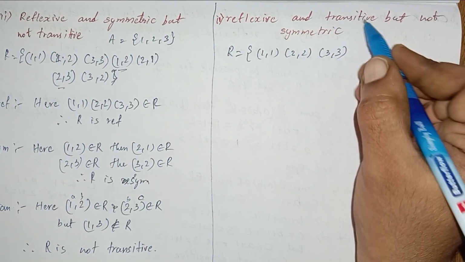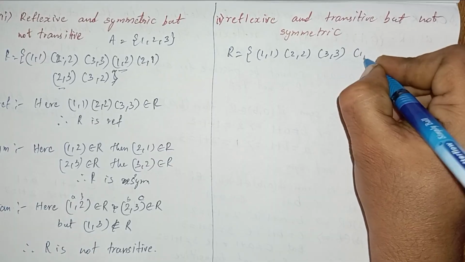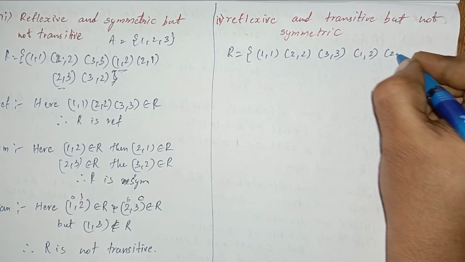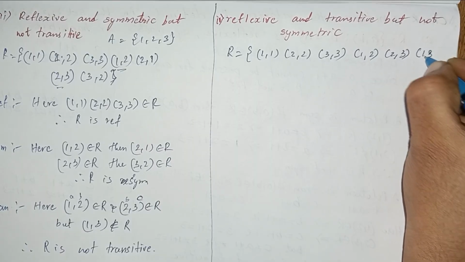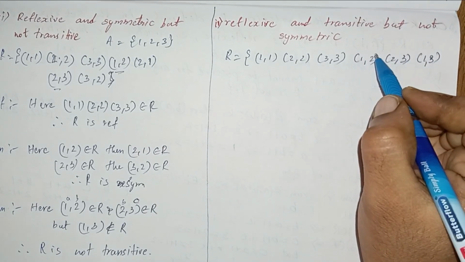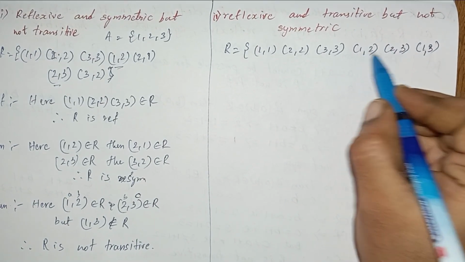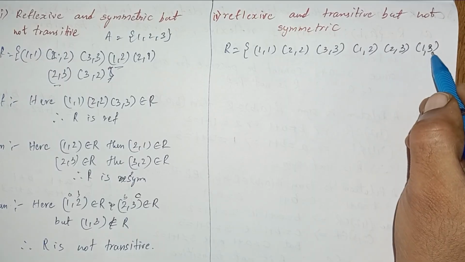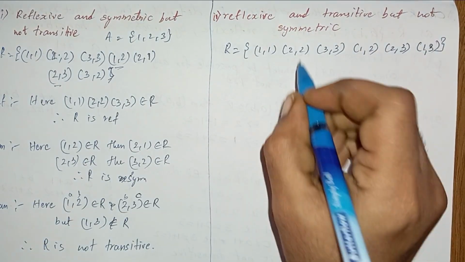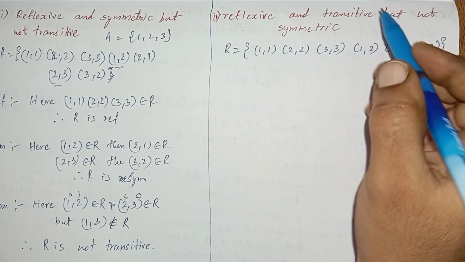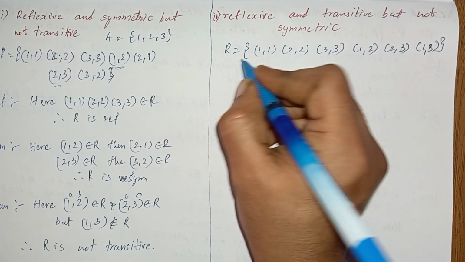The next, I should have transitive. Transitive means I will take (1,2), (2,3) and (1,3). Here we don't have (2,1), (3,2) or (3,1). So this will be my relation. We will prove whether this is reflexive, transitive, but not symmetric.